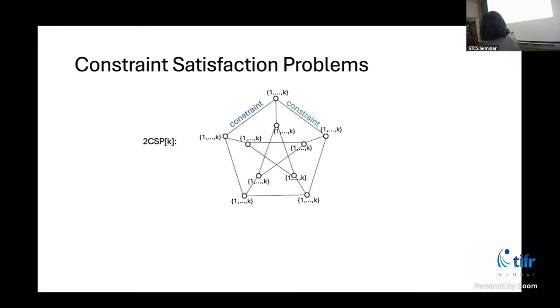So basically this 2 CSP on alphabet size k can be specified using a graph where each vertex is a variable and each edge has some constraint on it. We'll call this a constraint graph. The structure of the constraint graph turns out to be very important for our results. So we'll call this a 2 CSP on this graph.